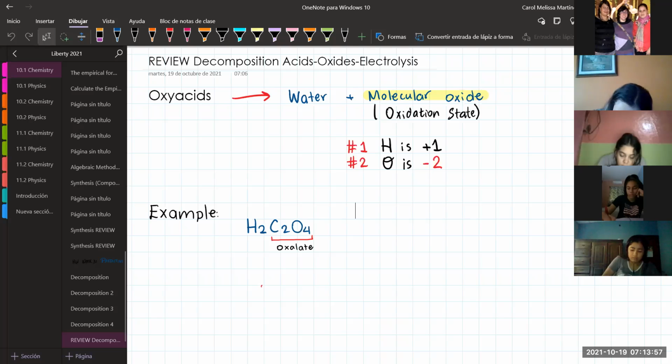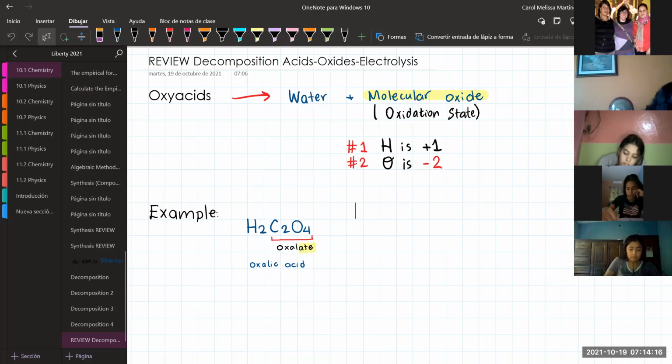So if I have to name this acid, because it ends in ATE, the name will be oxalic, and mandatorily the word acid. Okay, so we're going to decompose oxalic acid.